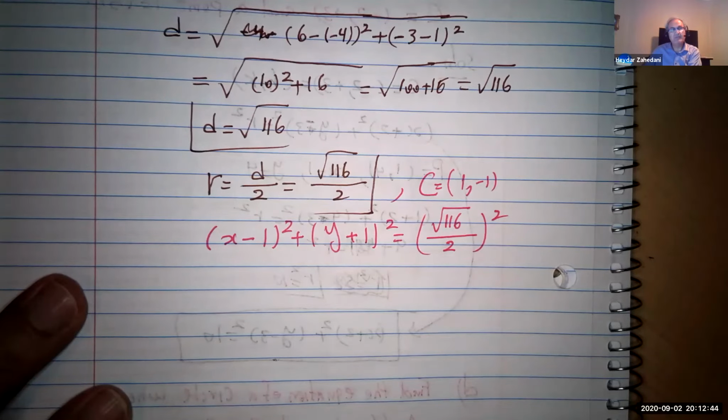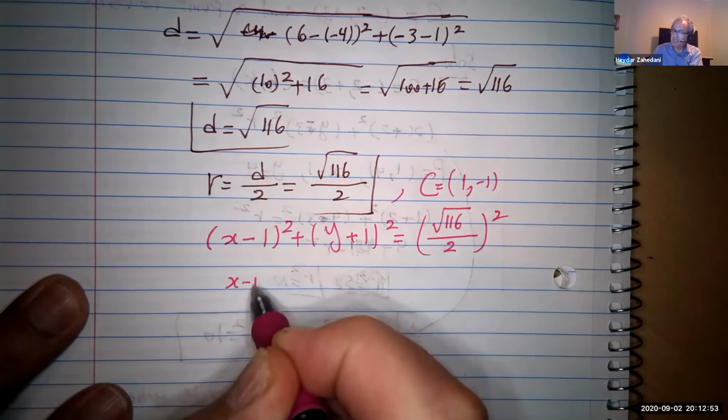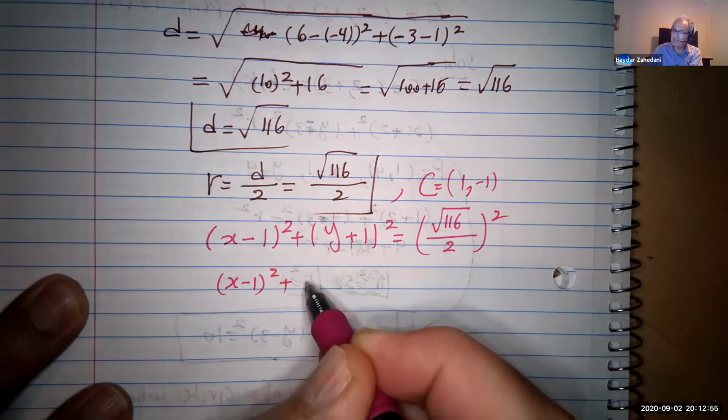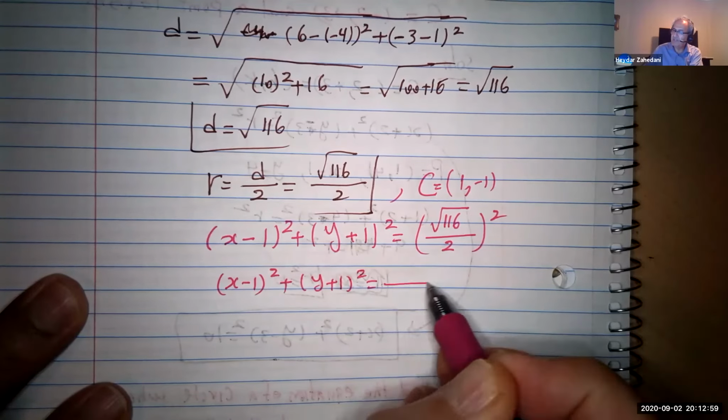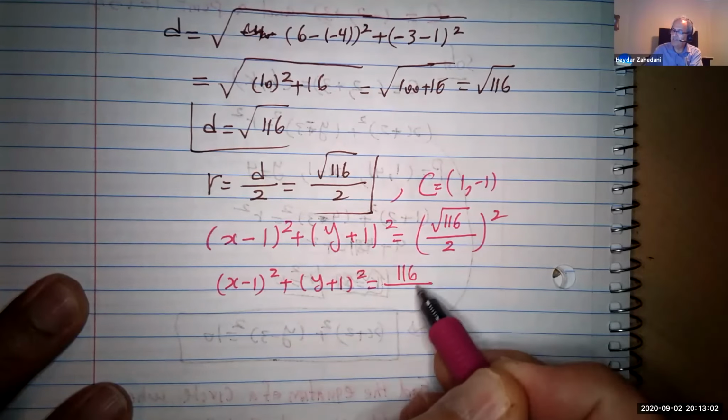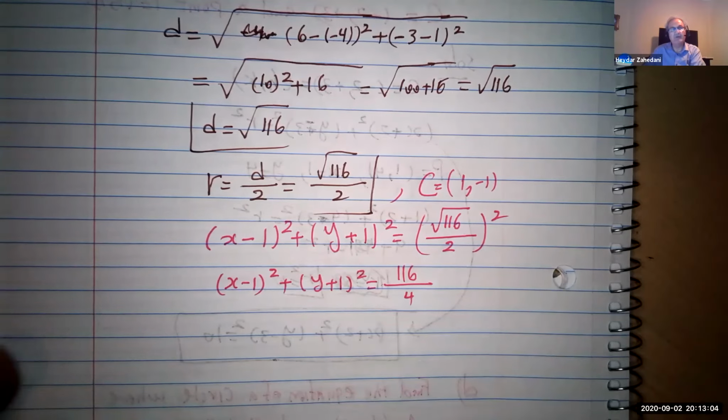You square the top and the bottom. If you square the top, you lose the radical. It's 116. Square the bottom, it gives you 4. So (x − 1)² + (y + 1)² = 116 divided by 4.